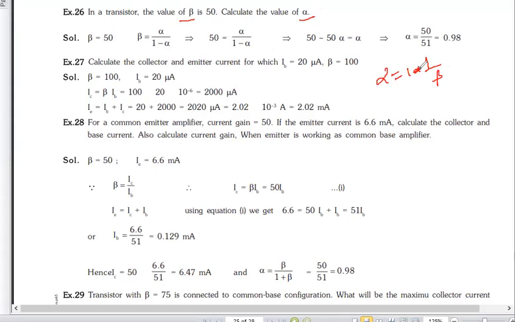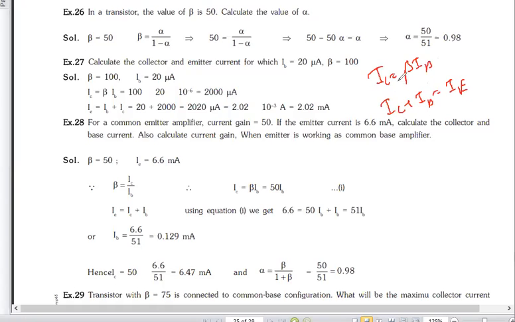Sorry, it's 1 minus 1 by beta, I guess. It will be 1 minus 1 by beta. So we know that IC is equal to beta IB, and IC plus IB is equal to IE.